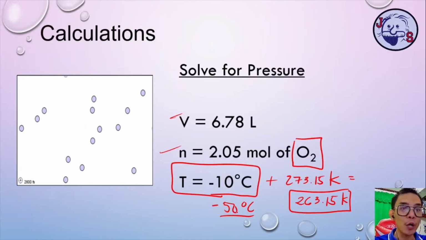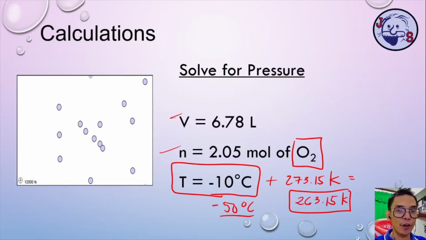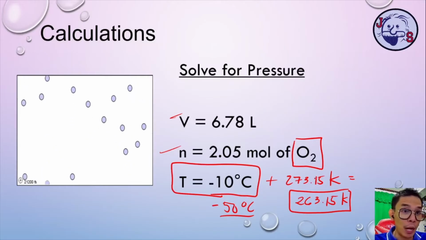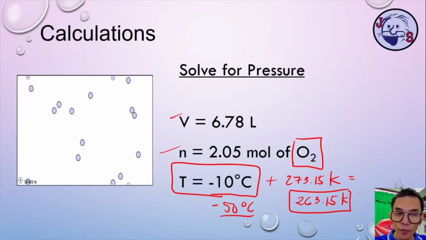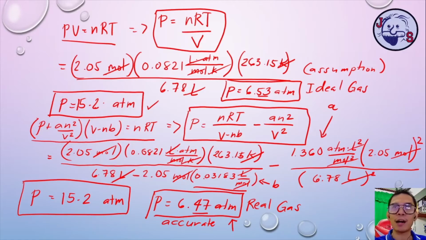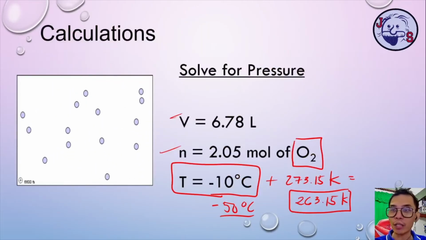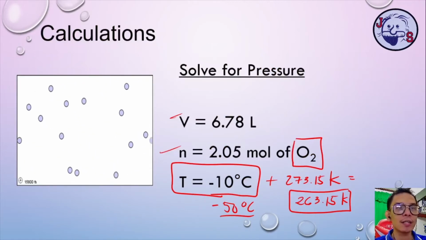Do you think a negative 50 degrees Celsius temperature will have a certain deviation over the results of your van der Waals equation? Let me know in the comment section if you did that particular challenge. Let me know what is the value of pressure at negative 50 degrees Celsius.